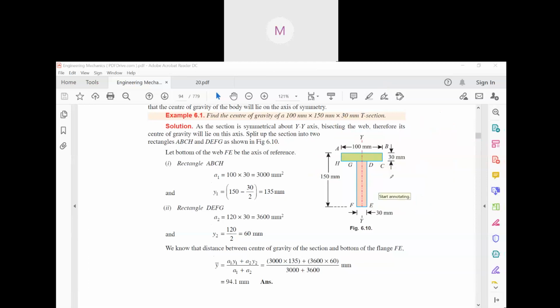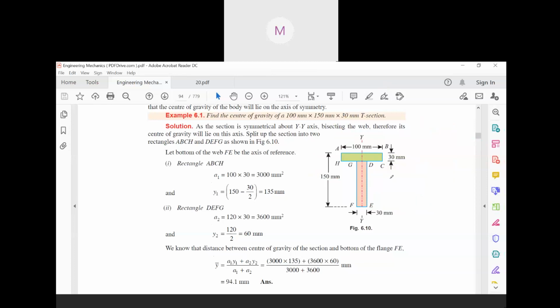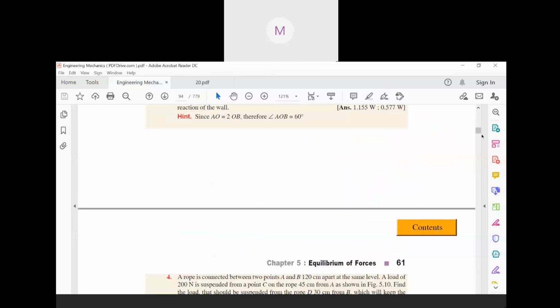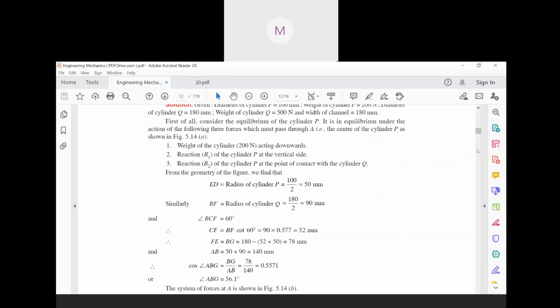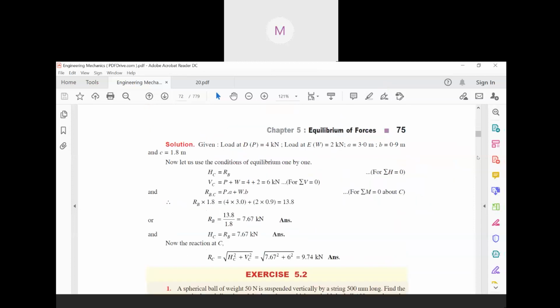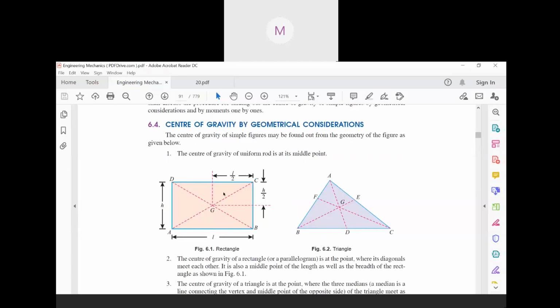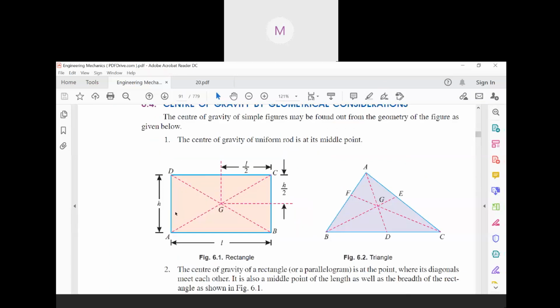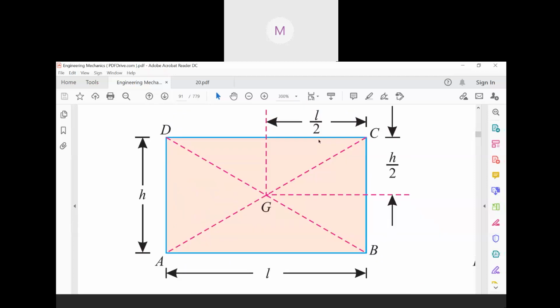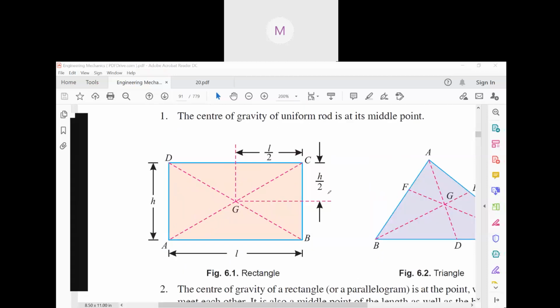Yesterday you discussed it, like this you have to show this figure now. You remember yesterday's? For a rectangle, the centroid is at a distance of h by 2, and for this side it is l by 2.